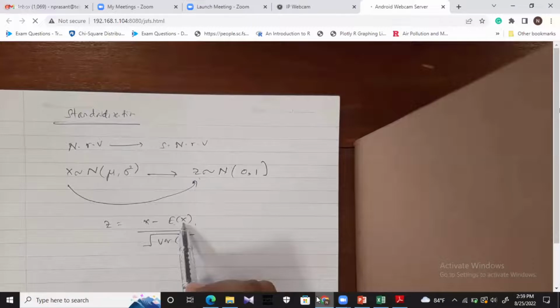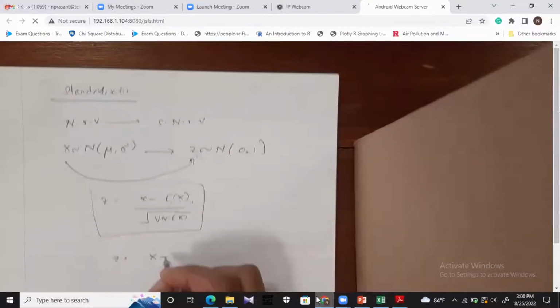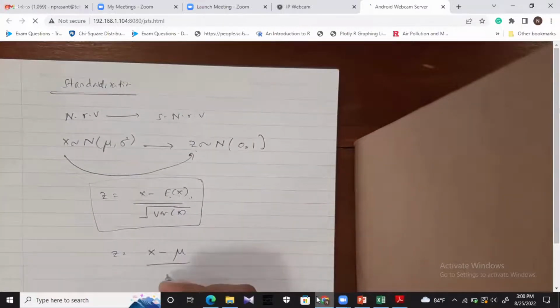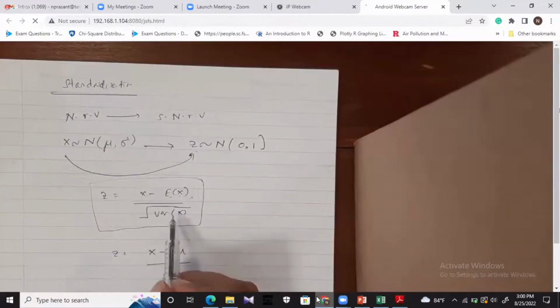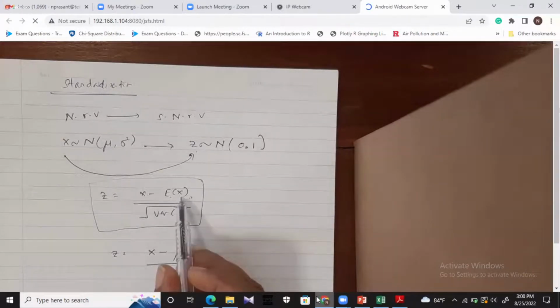So this is the correct formula for that. But here I'm not going to use this. Instead, I'm writing z is equal to x minus mu over sigma. Why? Square root of variance means standard deviation. The symbol for the standard deviation is sigma.